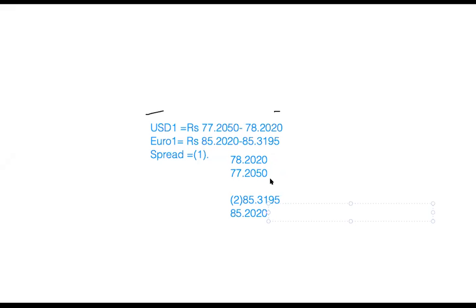So the currency here is INR, and the currency here also is INR. 0.397. 0.1175. Right? This is how you calculate the spread. Can we pass on to the next?